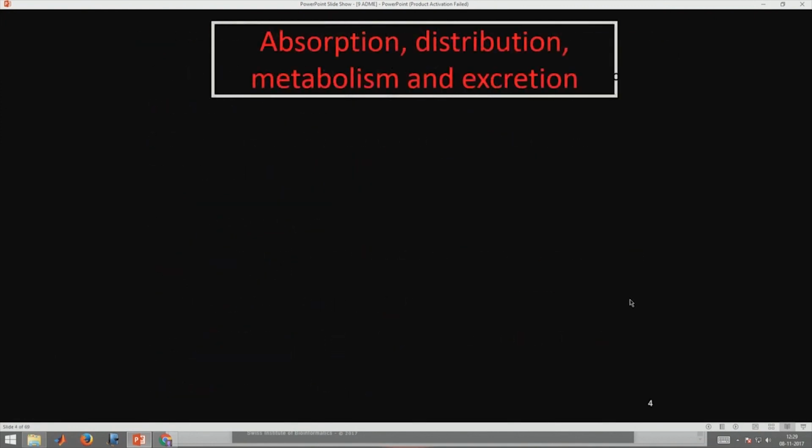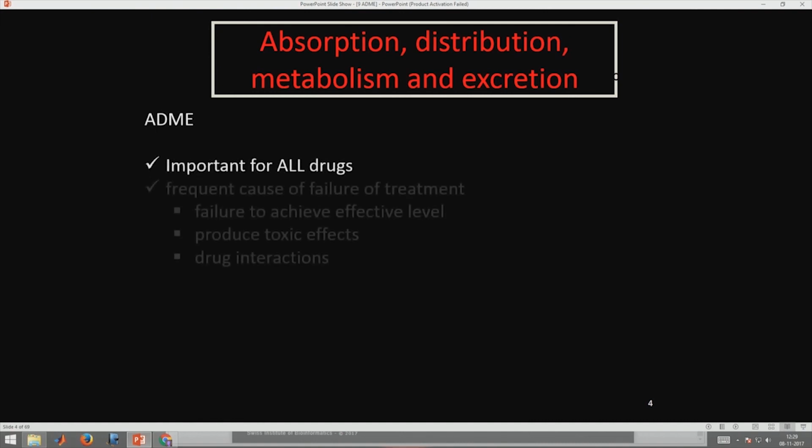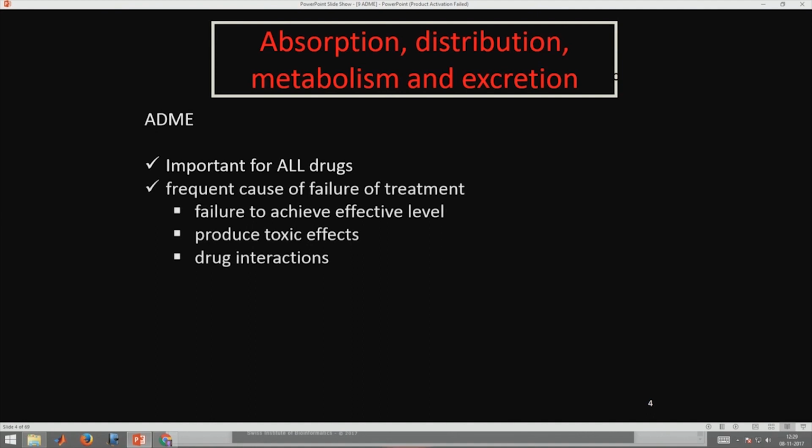Okay. So what is this absorption, distribution, metabolism, excretion? We are going to spend a lot of time on them. Okay. This is important for all drugs. Frequent causes of failure of treatment, frequent, because you are not getting effective level.